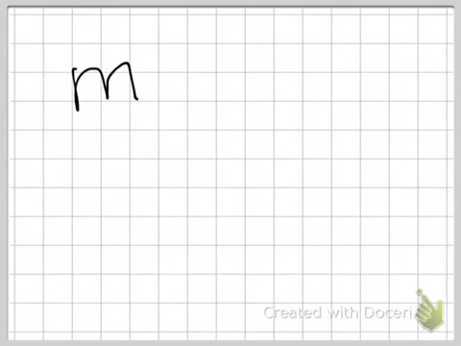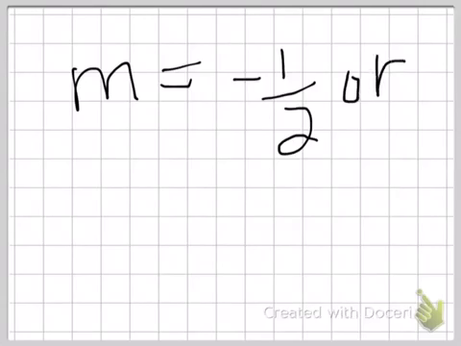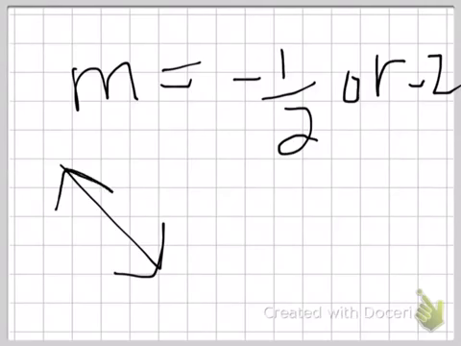When m is a negative number, or negative fraction, or a negative whole number, then the line is going to fall from left to right.